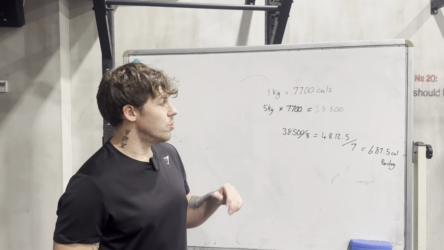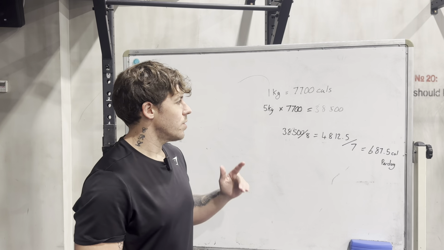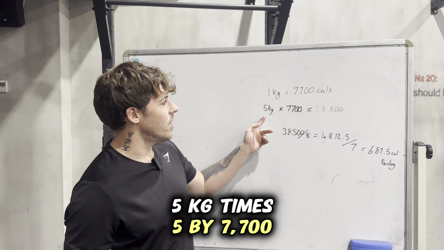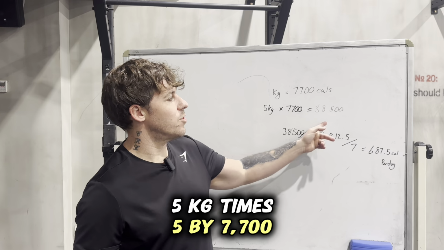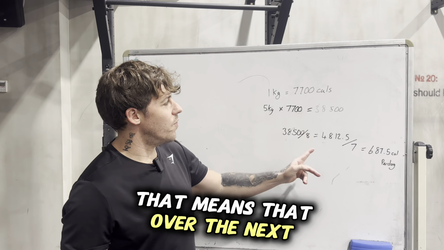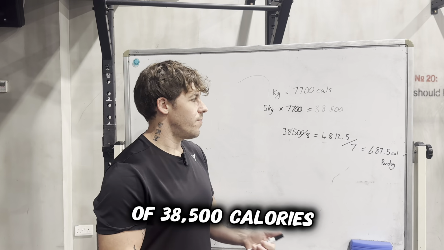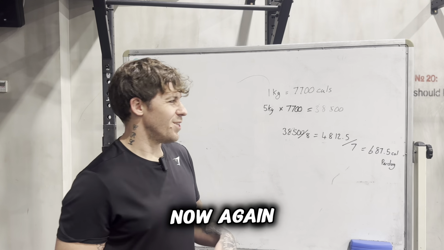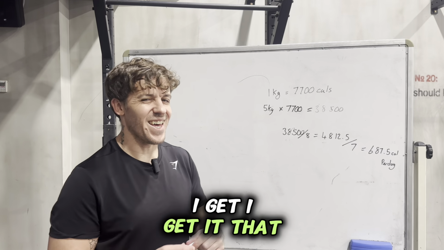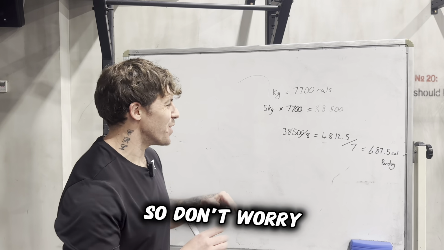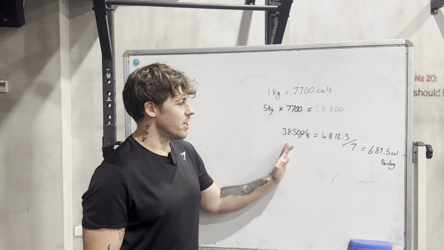We want to lose 5 kilograms, which means we need to times 5 by 7,700. That means that over the next 8 weeks, we need to create a deficit of 38,500 calories. Now, again, that sounds like a lot, and I get it, that sounds very scary, so don't worry. Because then what we're going to do is divide that per week.